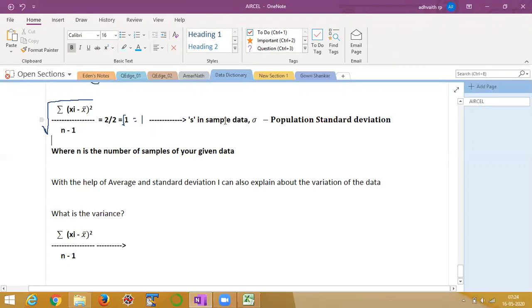So S is for sample data, and sigma is for population standard deviation.